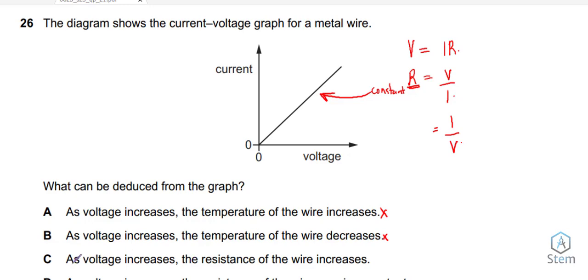Now, the question here is saying resistance of the wire increases. No, the gradient is constant here, so the resistance should be constant. We have our answer at D.